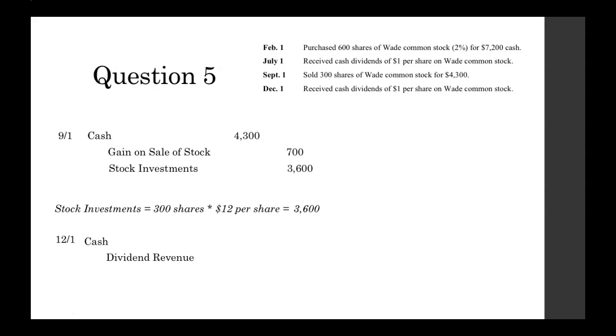We initially started with 600 shares and sold 300, so we only have 300 left after that sale in September. So we take that 300 shares that we have left, and we multiply it by our dividend per share amount of $1, and that's how we get our $300 here for cash and dividend revenue in this final entry.